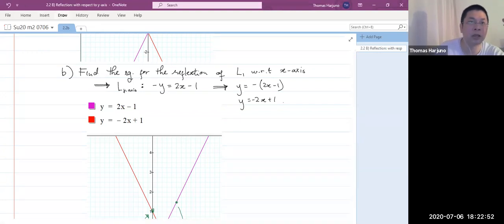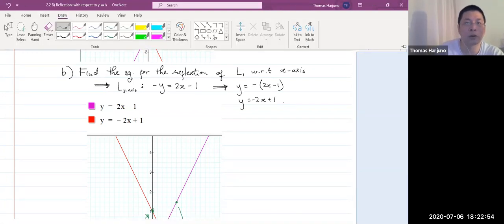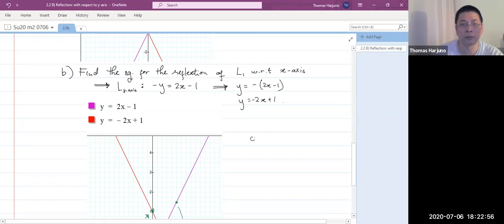Now, similarly then, if I reflect with respect to the origin, then the equation of the line will be replace the y by negative y, replace the x by negative x.